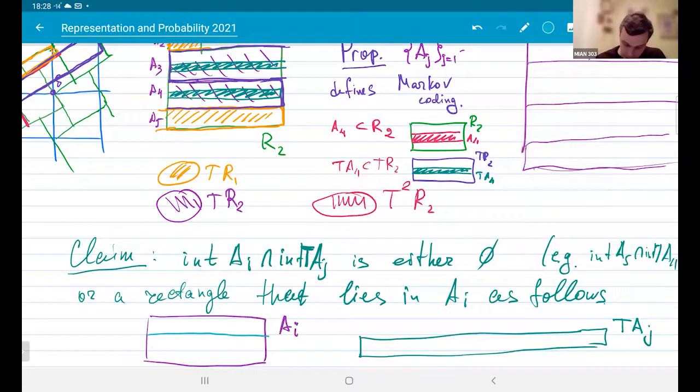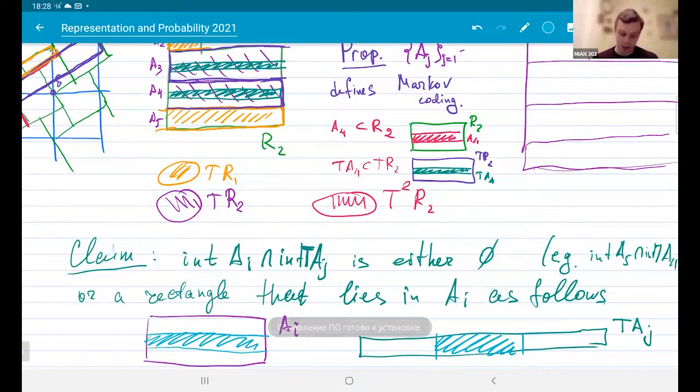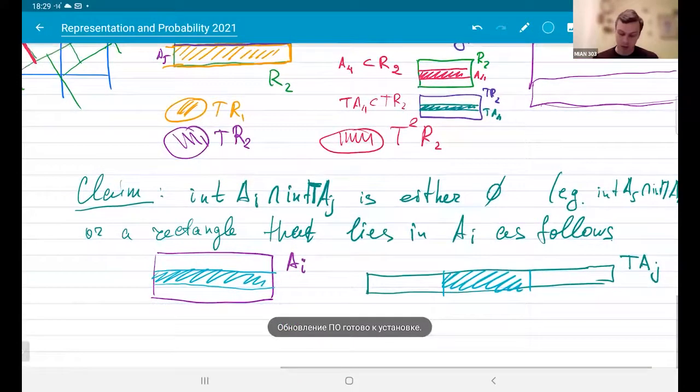There's some stripe here and some stripe here. What is important is that this stripe goes from one side to the other side of this rectangle.